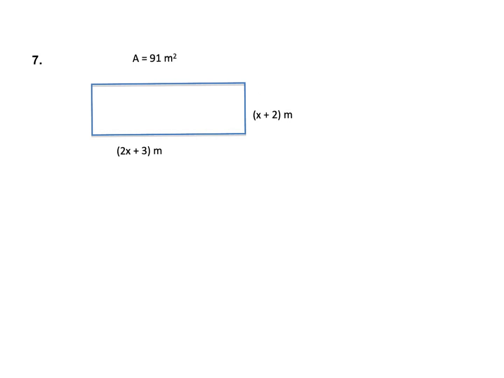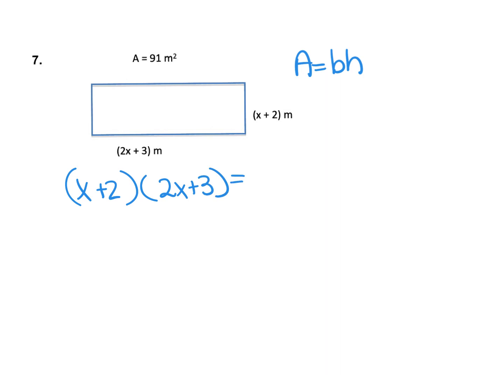All right, in our last problem that we're going to look at here, we have the area is equal to 91 meters squared, and we know that area is equal to base times height. And so let's take our x plus 2, and we'll multiply by our 2x plus 3, and we know that that's going to be equal to 91. So I'm going to FOIL this, and once I do that, I'm going to get 2x squared plus 7x plus 6 is equal to 91.